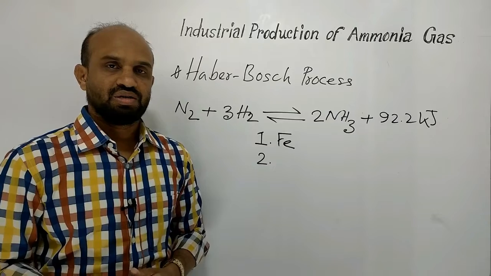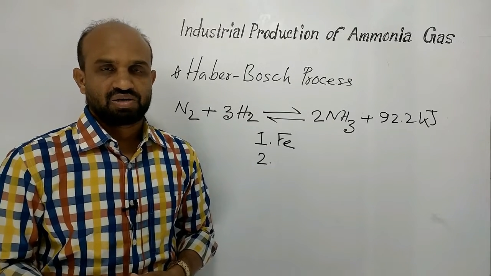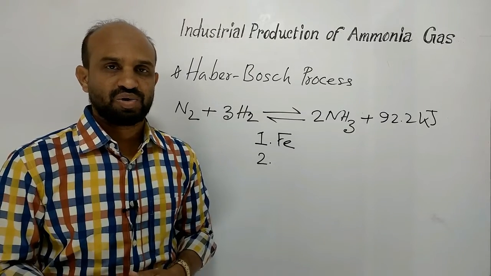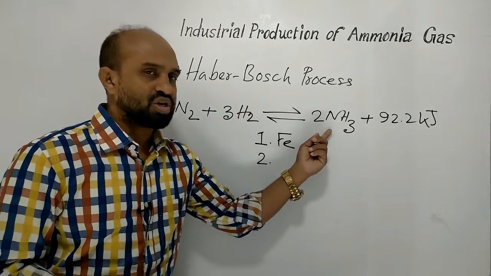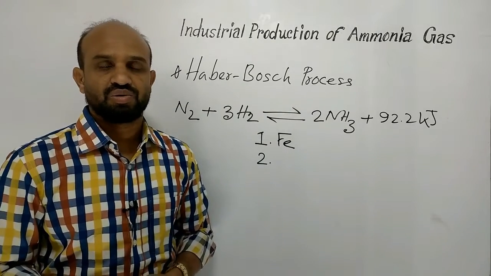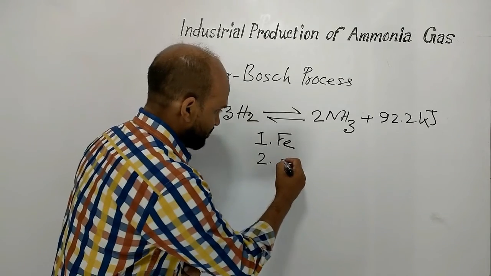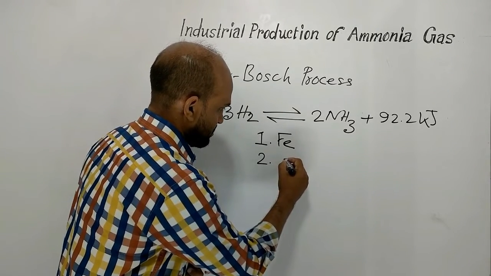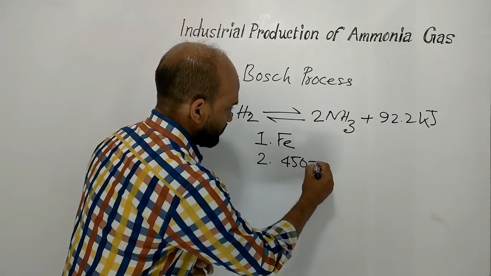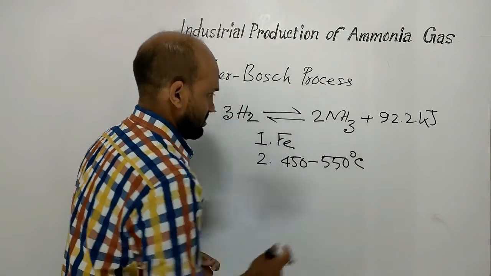That is why the temperature of the reaction system is decreased. But at decreased temperature, the production rate of ammonia is decreased. That is not profitable for industry. That is why an optimum temperature is set, and that is 450 to 550 degrees centigrade.